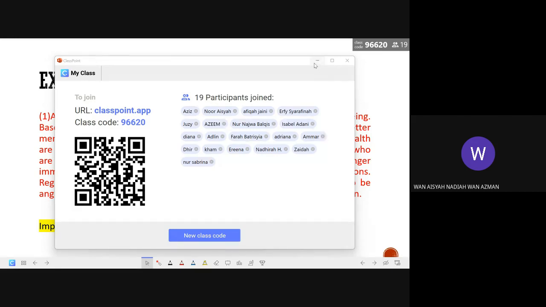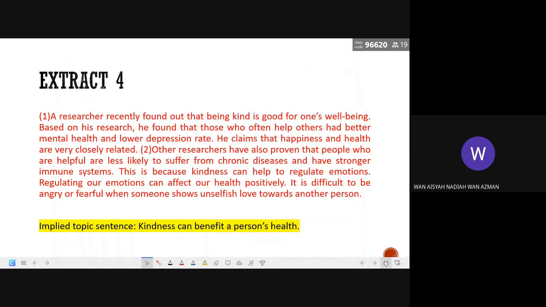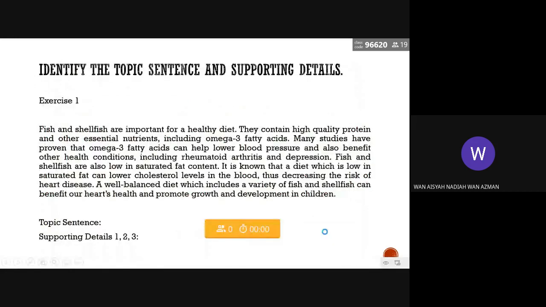Okay, so let's start. What I want you to do is identify the topic sentence and supporting details from this exercise. You have to write down your answer in the class point website, the one that you joined just now.